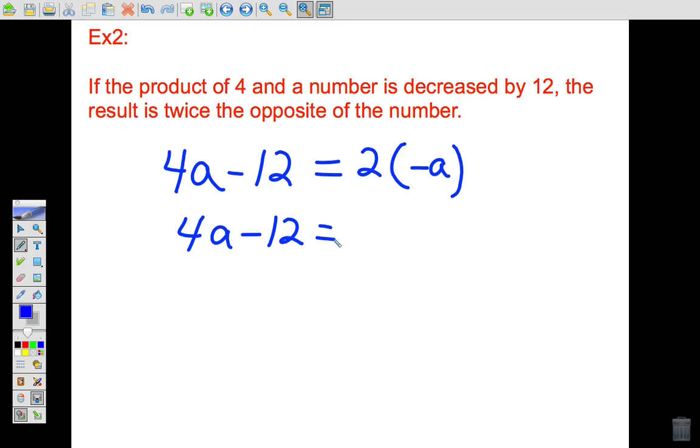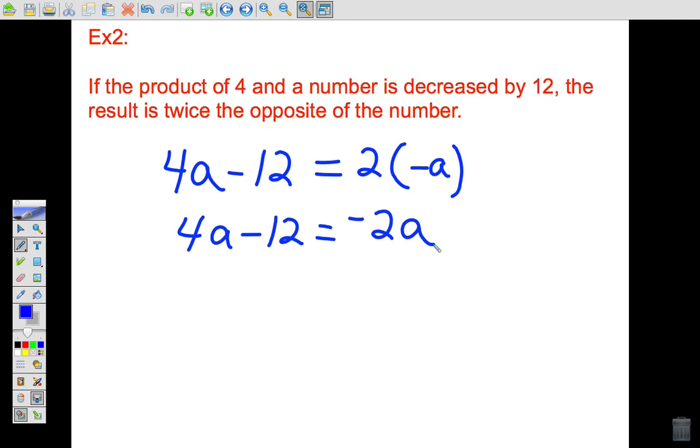What's a positive times a negative on the right side? Negative. This is simply a negative 2a. You'll probably want to get used to writing it this way because it makes it easier when you solve the equation. So instead of writing 2 negative a, I would go a step further and write negative 2a. Is there any simplifying on the left side to do? Any like terms on the left side of the equal sign? No. On the right side? Nope. We're done with the simplifying.